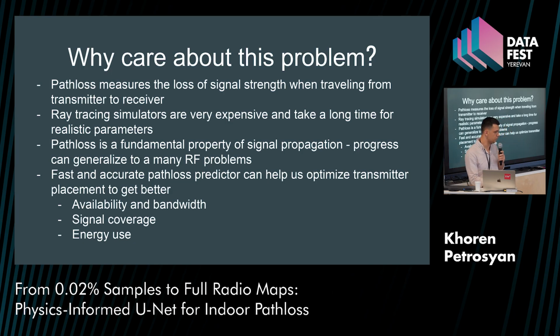So signal coverage would be, can you place the antennas in such a way that the room has strong Wi-Fi signal at 90% of locations, and also something like energy use. If you can put an array of antennas that are weaker or cheaper and they still give you the same result, it will be economical.